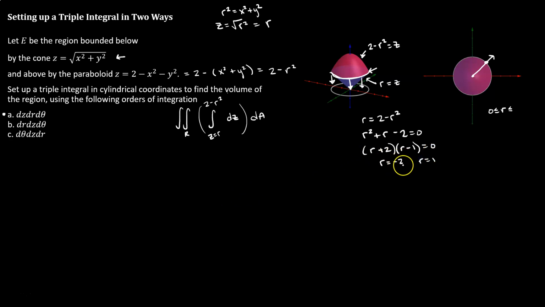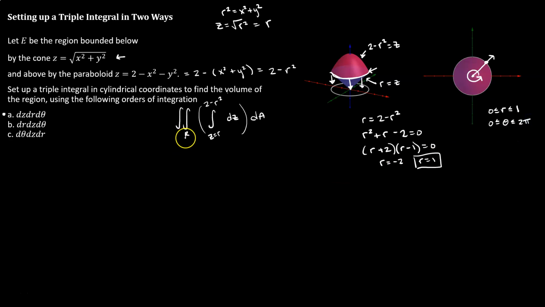Now r equals negative 2 doesn't really make sense in the context of our drawing, so we're going to pick r equals positive 1 as the right value for r. And then we are done with our r bounds. We just need to find theta, and since it is a complete circle, we know theta should be able to go from 0 to 2 pi.